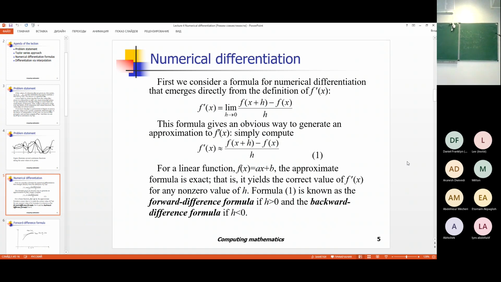And let's find the value according to formula 1, f of x plus h minus f of x over h, when h is some fixed small number. For example, h may be 10 power minus 3, 10 power minus 4. It's small, but it does not tend to 0, it's a fixed small number.